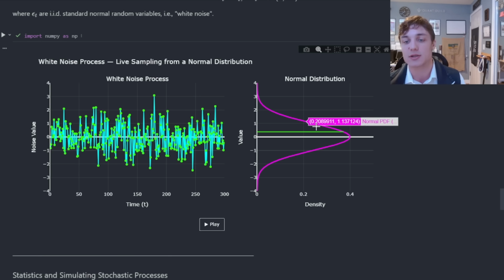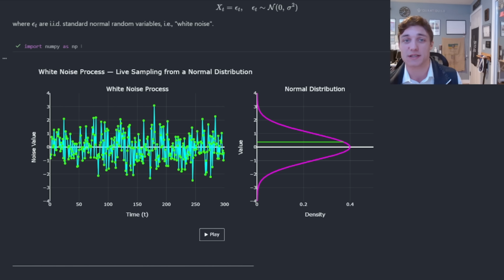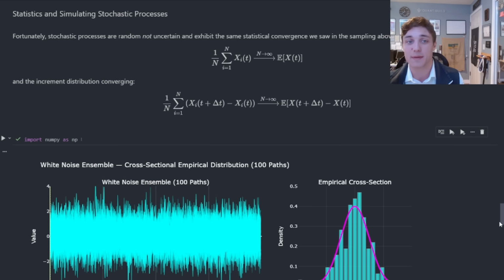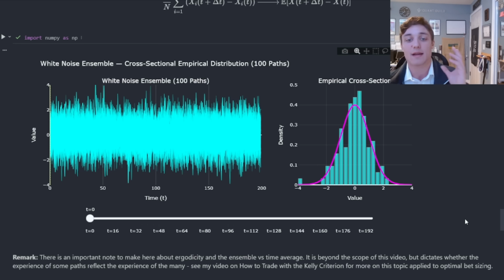Each step is just a distribution, a set of possible outcomes. Given that a stochastic process is just a collection of random variables, we can apply the law of large numbers, just as we did above, to observe convergence in both probabilities and statistics. This is an incredibly useful idea, and I have a great chart to visualize exactly what's going on.